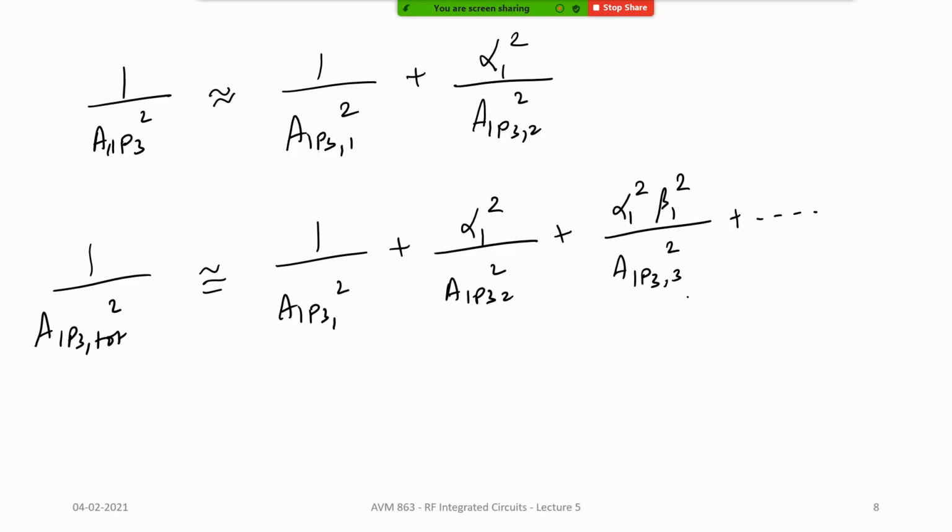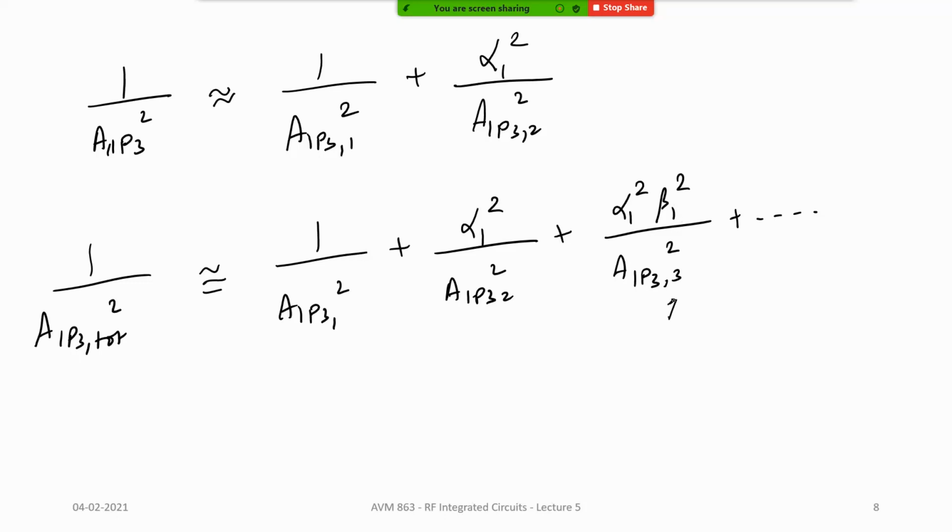Okay, so you can obviously see here that the nonlinearity of the latter stages becomes more critical, because the nonlinearity of the final stages is getting scaled down by this factor. In other words, if the IP3 number directly appears here, this IP3 number is divided by alpha 1 squared and beta 1 squared, right?